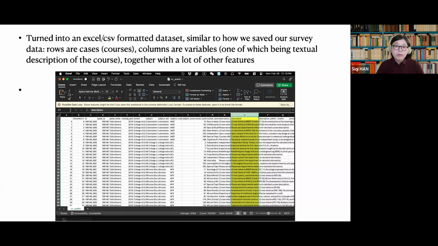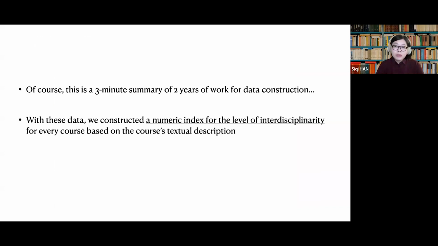So not just the description. So this is a very short introduction of a lot of work that we did to collect and clean the data. With the whole data set cleaned, we can move on to construct this numeric index for interdisciplinarity.